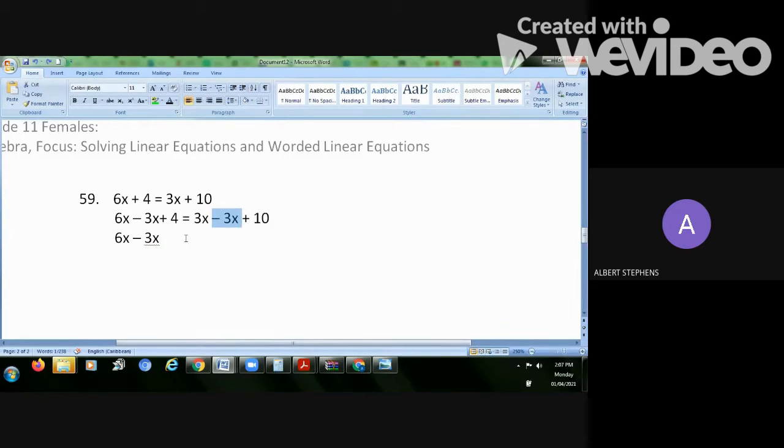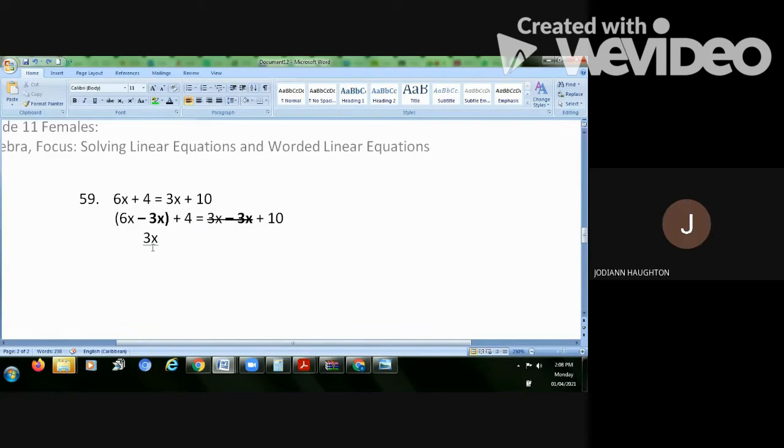If you subtract it on the right hand side, you have to subtract it on the left hand side. You follow that? So 3x from 3x will give you 0. See it? 3x on the right hand side, 3x on the left hand side. The 3x from 3x will cancel out. And you work out that in bracket there, 3x from 6x will give you 3x down here. Following so far?